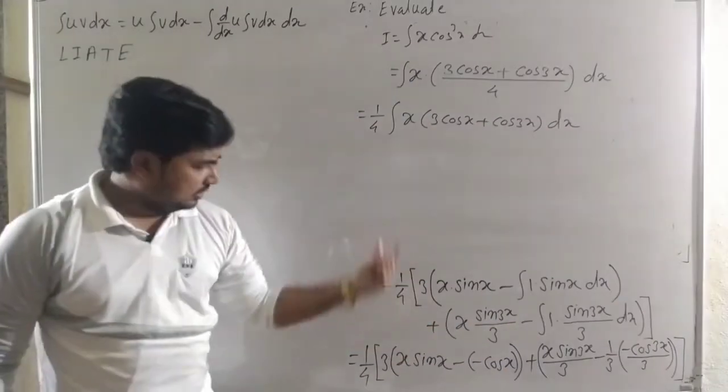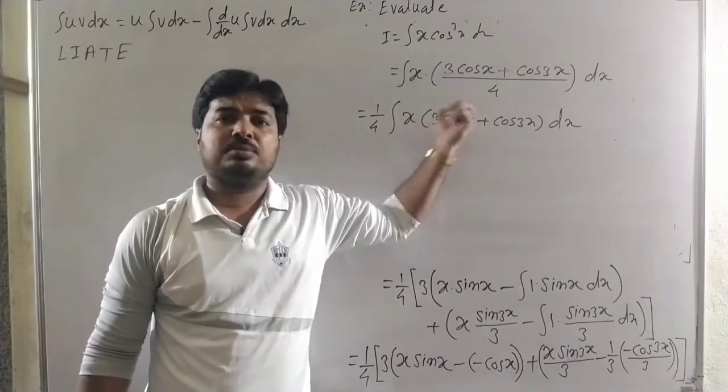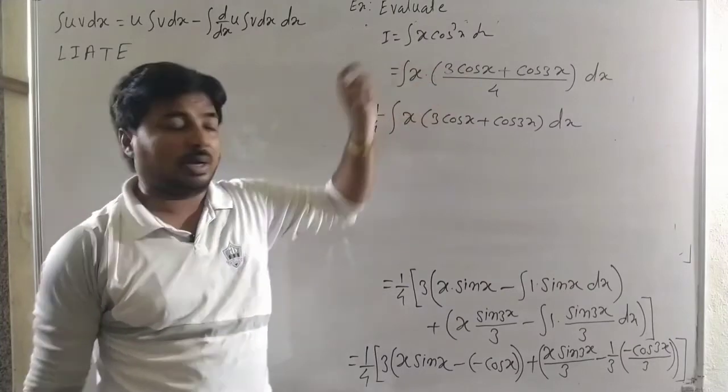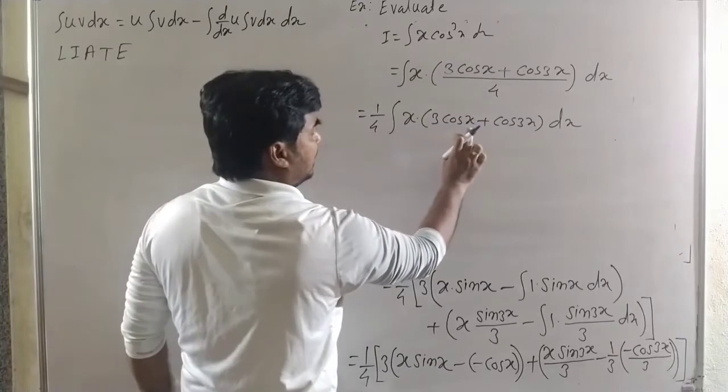In our last solution, we separately multiplied, separated the integral into two integrals and used integration by parts. Here we use integration by parts only once. Here it is u and it is v.